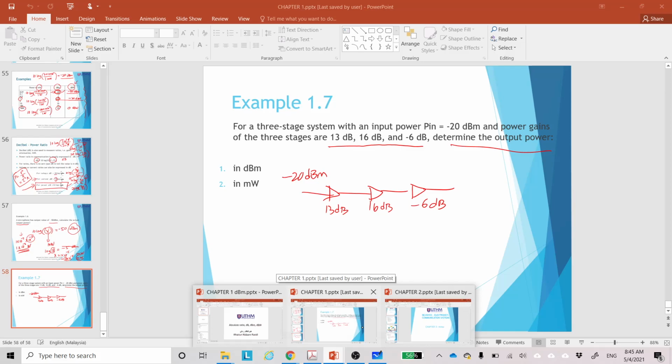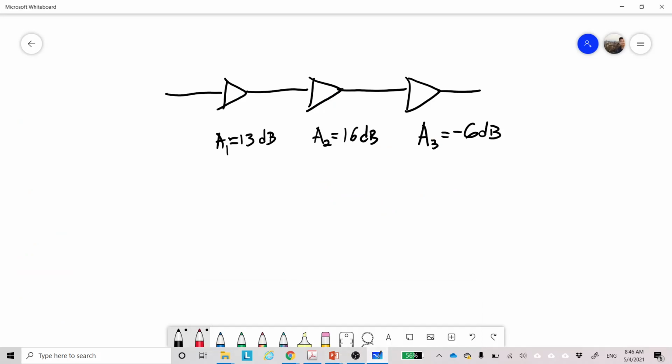So the question doesn't say this is an amplifier. Maybe I will change my drawing. The question says there are three cascaded systems.